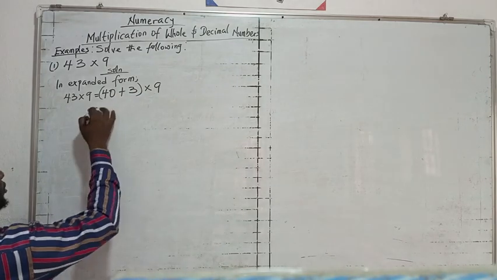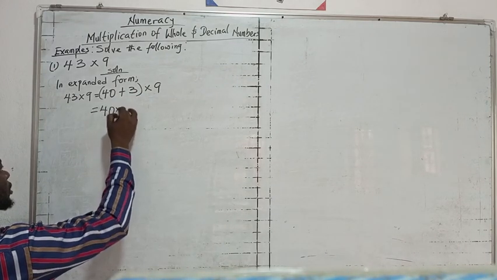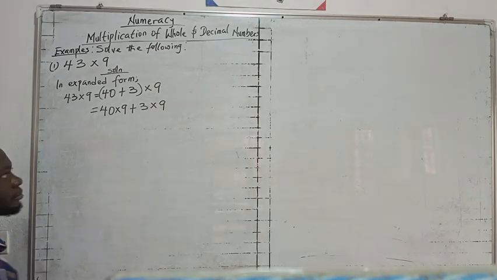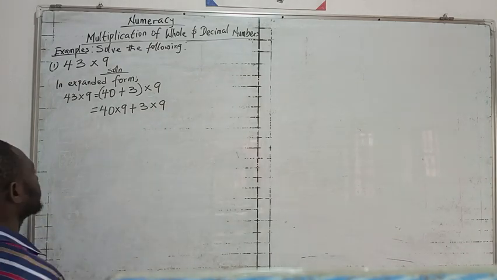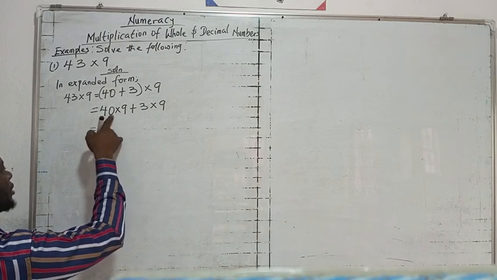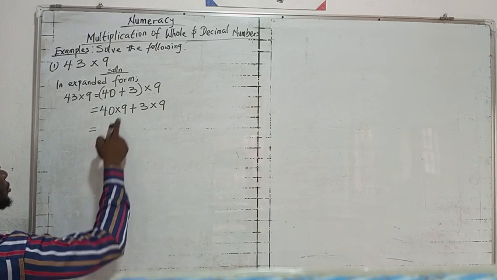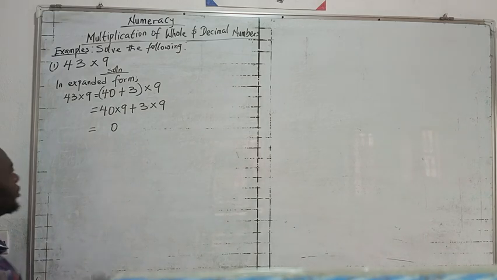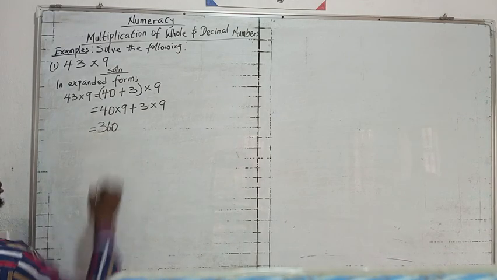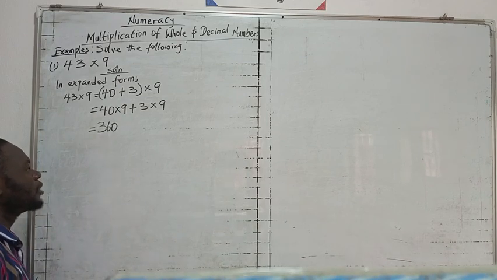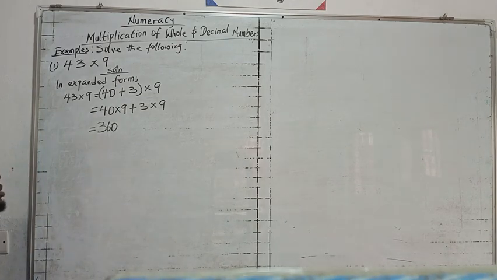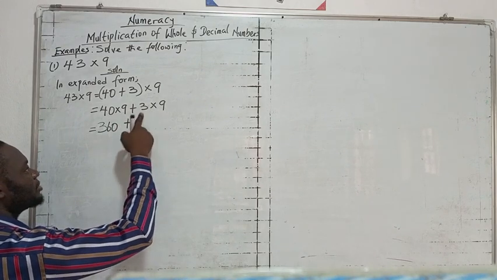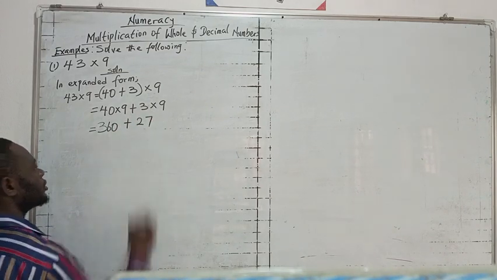So what does this now mean? This now means 40 times 9 plus 3 times 9. Okay, let's multiply. 9 times 0, 0. 9 times 4 is what? 36. Meaning 40 times 9 is 360, plus 3 times 9, which is what? 27.